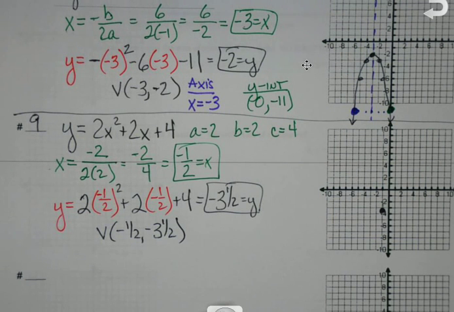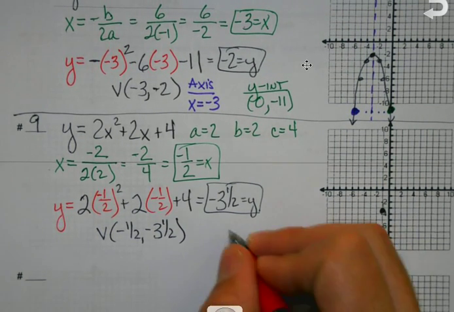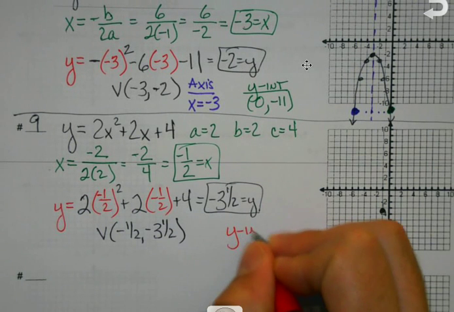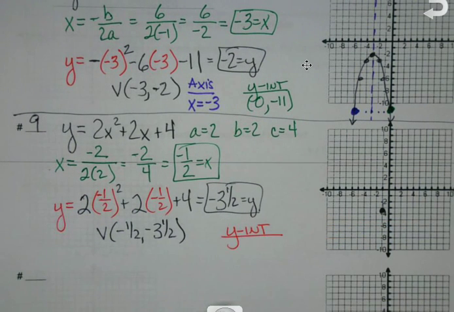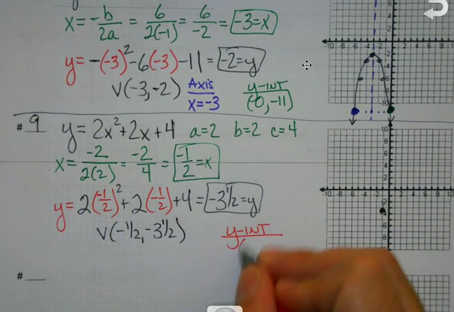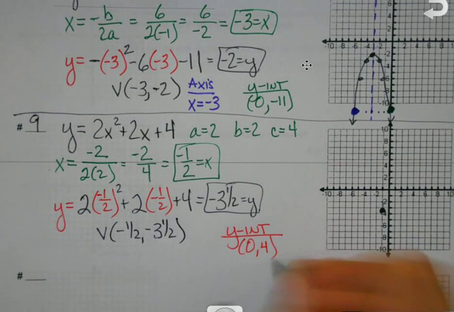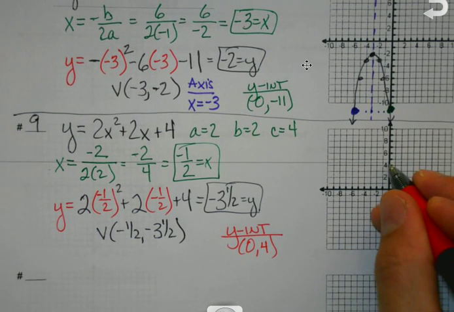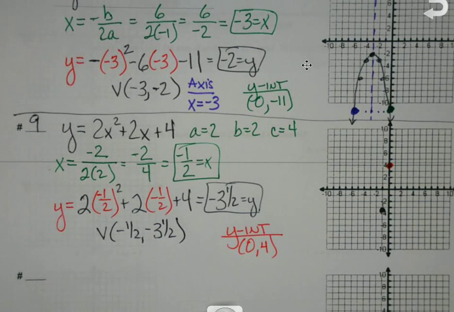So I'm like, okay, well, let's see if the y-intercept helps this time or not. So y-intercept. My c value is 4, so it'd be at 0, 4. Okay. That might not be too bad.